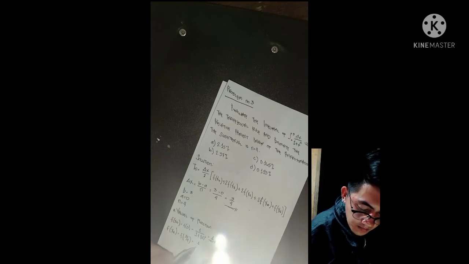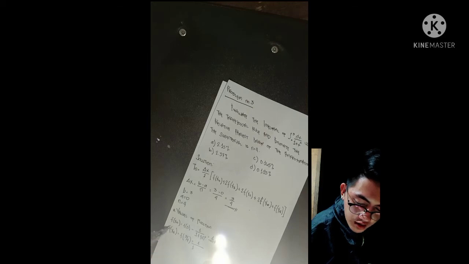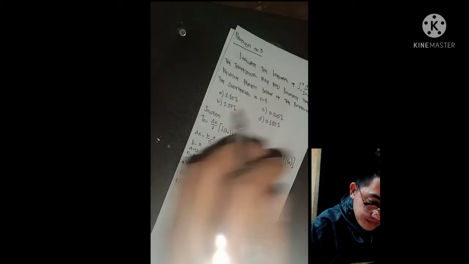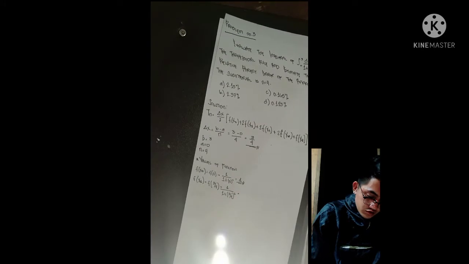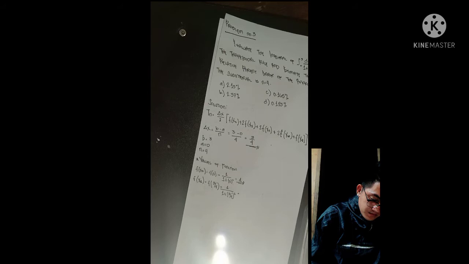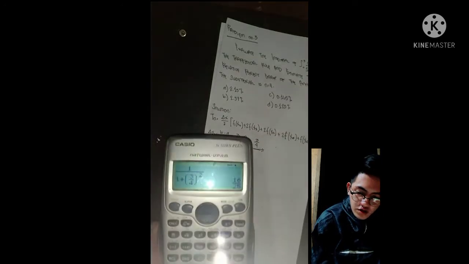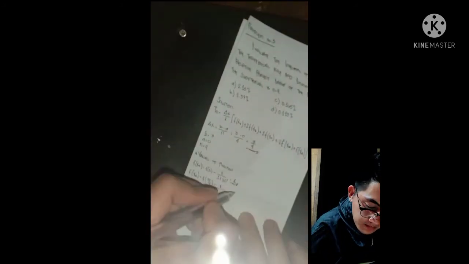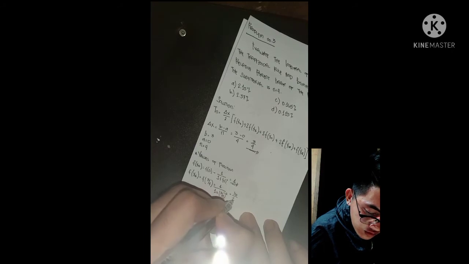So 1 all over 1 plus 3/4 squared. So 1 plus 3/4 squared, we have the value of 16 over 25. So 16 all over 25.